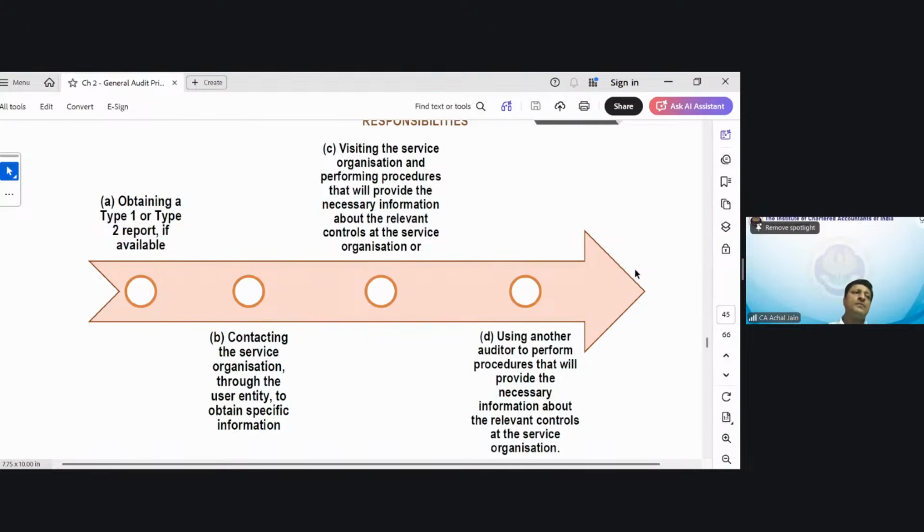Yeah. So that means just by obtaining type 1, type 2, the entity cannot say I'm through as far as that process is concerned. See, for the audit scope and therefore the audit approach and the extent of the procedures which the auditor will plan, that will always lie with the auditor. So that's something which the auditor will decide.